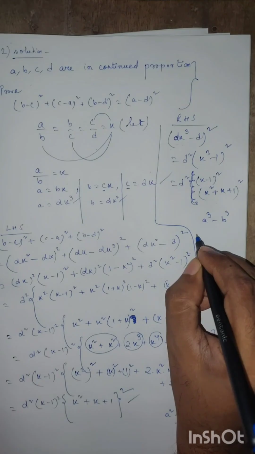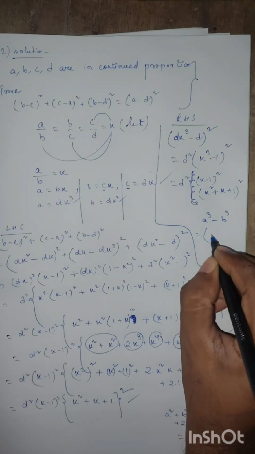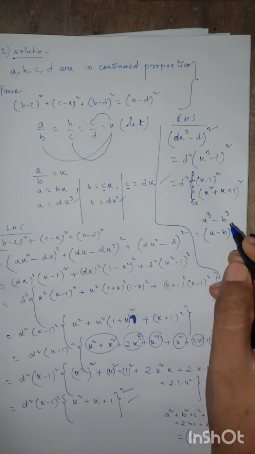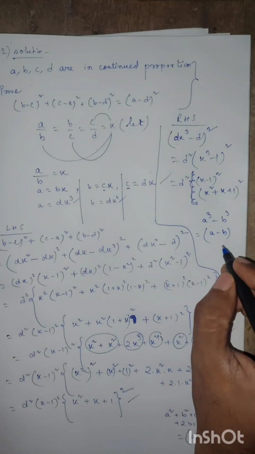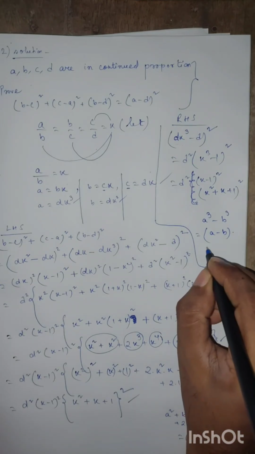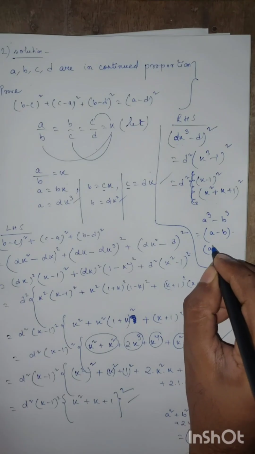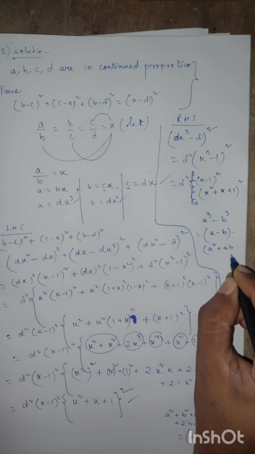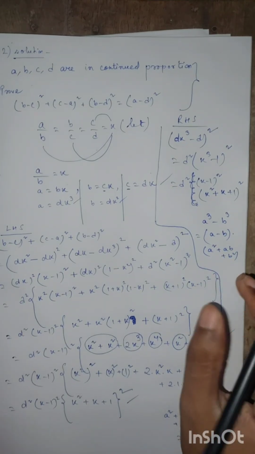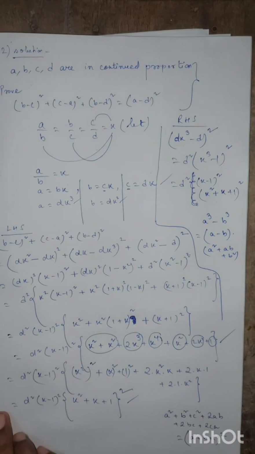The formula of a cube minus b cube is a minus b into a square plus ab plus b square.